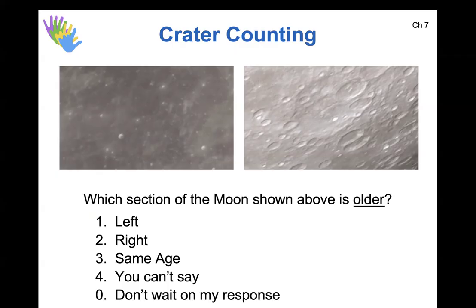And that change could have been because of volcanic activity. It could have been because of maybe some atmospheric effects, if it's one of these few worlds that has an atmosphere.